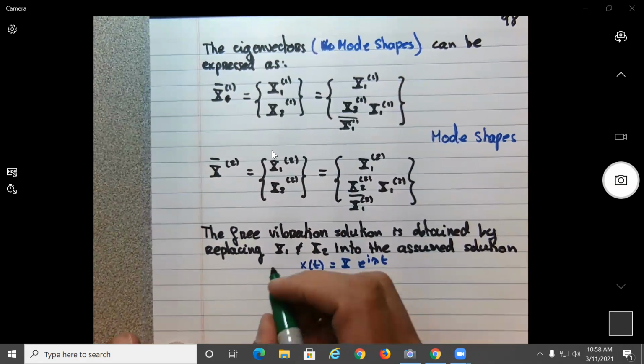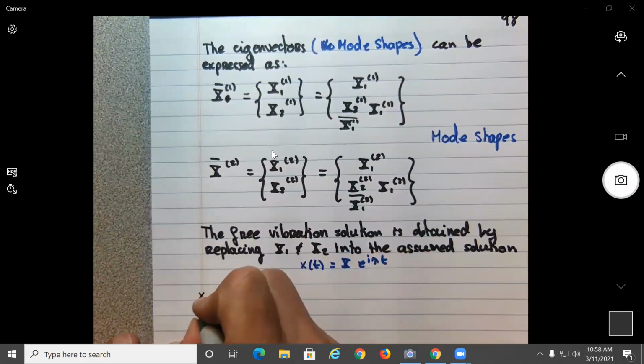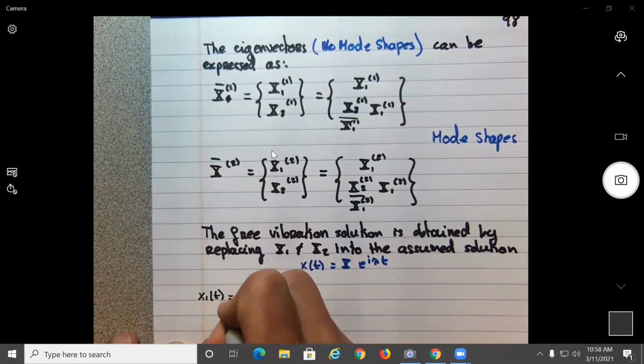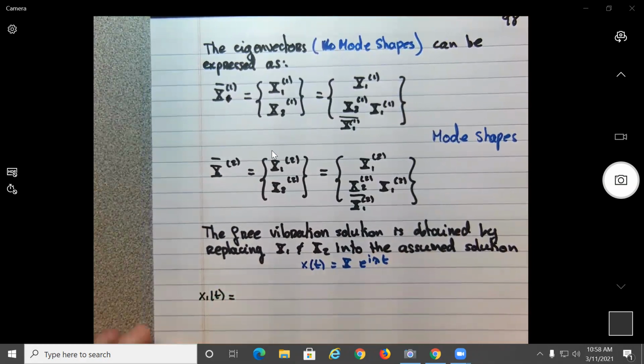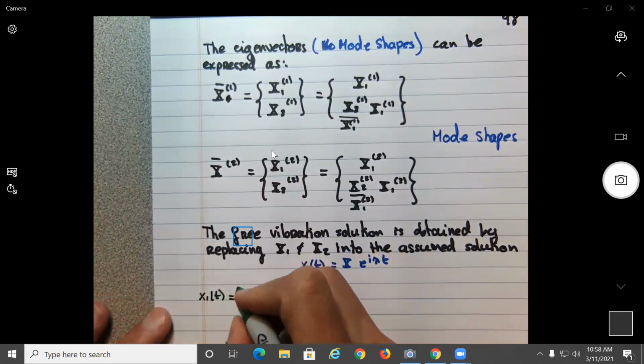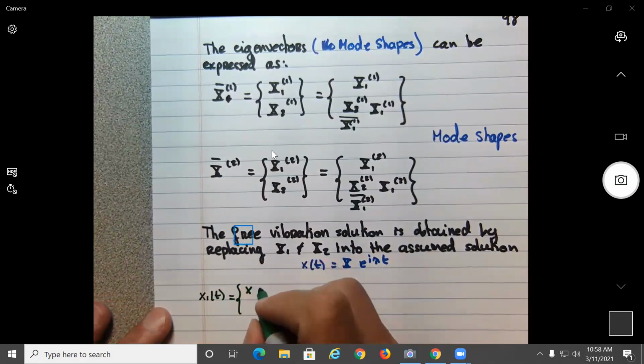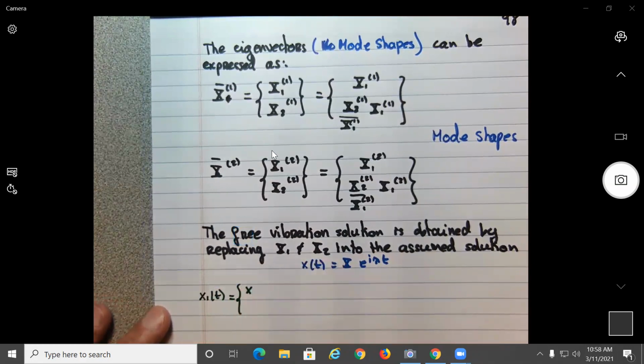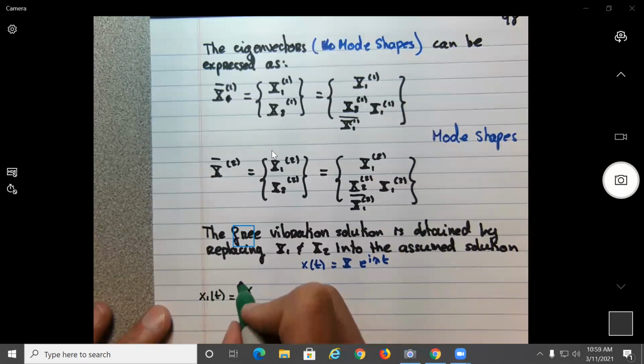All right? So in that case, let me switch colors, it might be a little bit easier. We're going to have that x1 of t, okay, this one should be equal to what? Let me just go directly to this one.